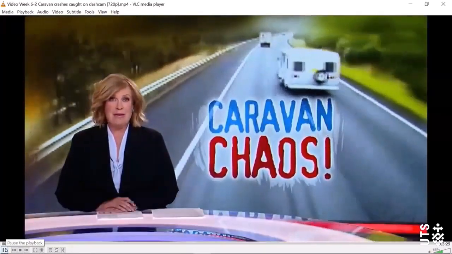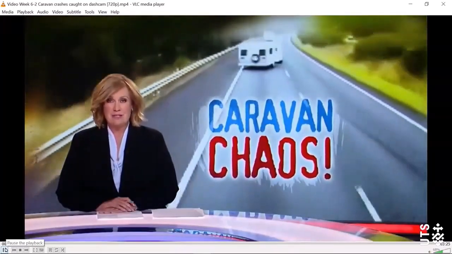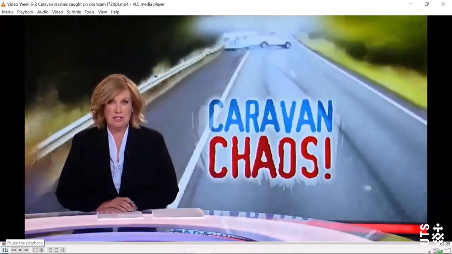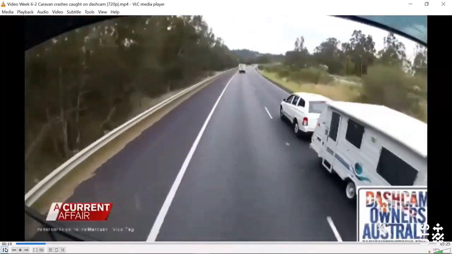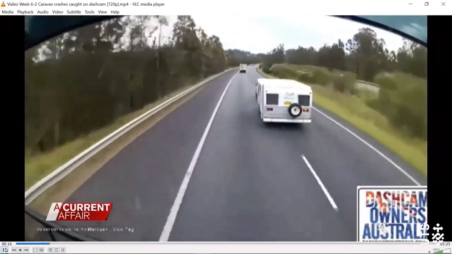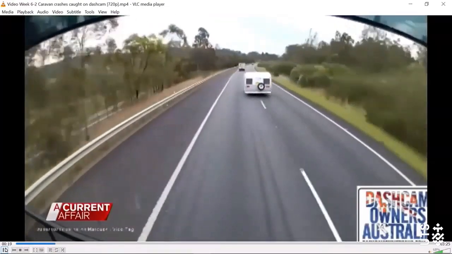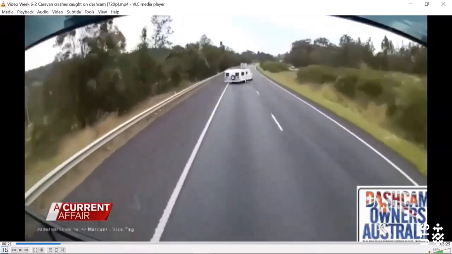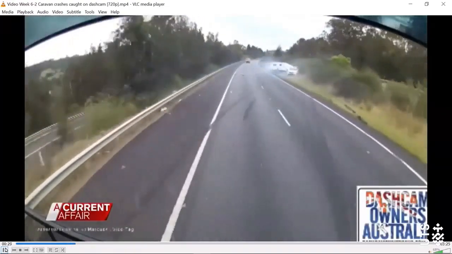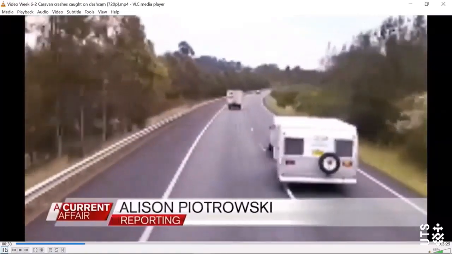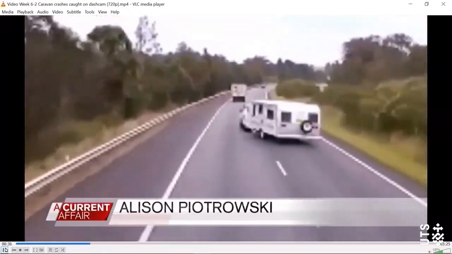Truck drivers see some amazing things on our roads and highways. Tonight, the latest dashcam video to emerge is a reminder of how careful you need to be while towing a caravan. Consider this a lesson in how not to overtake. A caravan teetering out of control. Once it starts fishtailing like that, I think you're done and dusted. You're going to crash. And resulting in carnage. Oh, it could have been fatal. Quite easily could have been fatal. This accident took place on Monday on the M1 just outside of Newcastle.